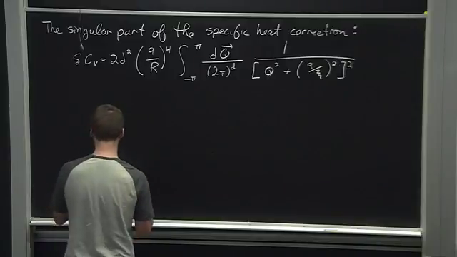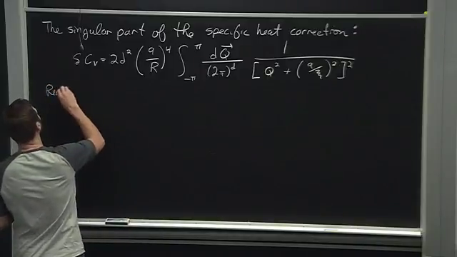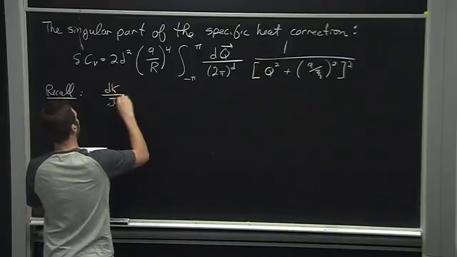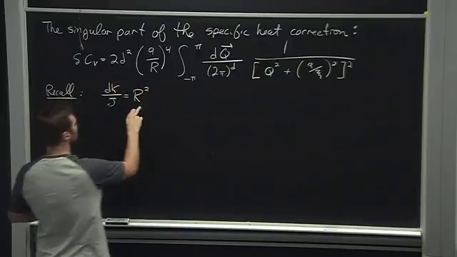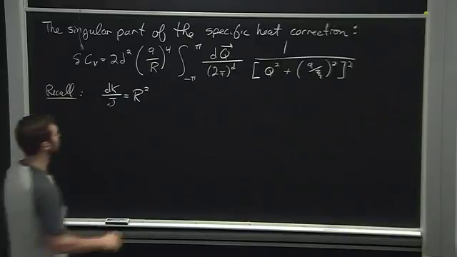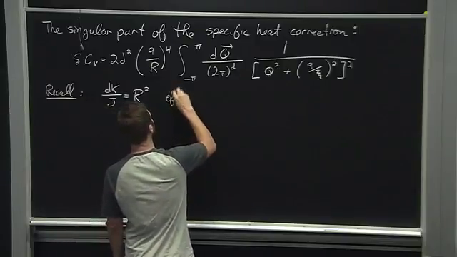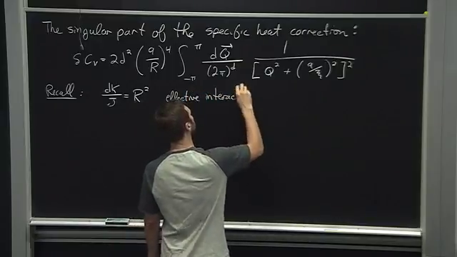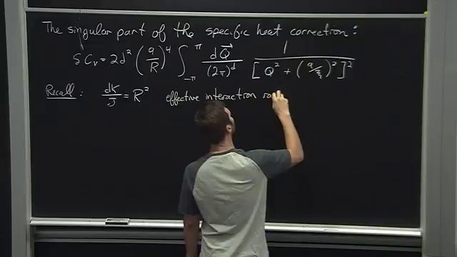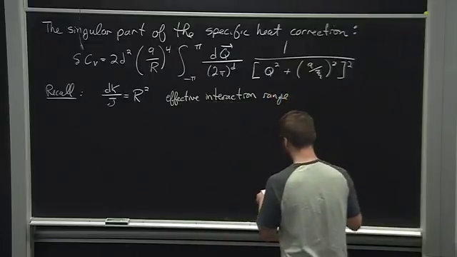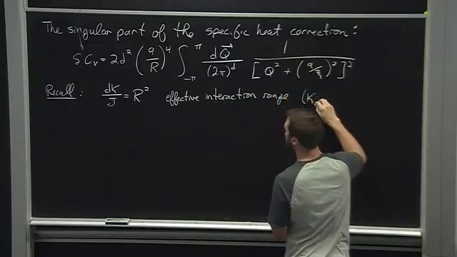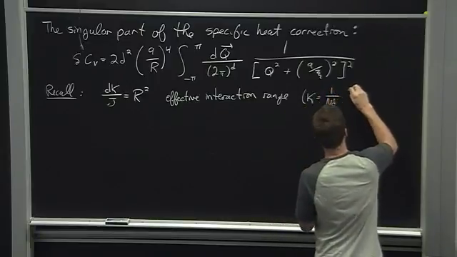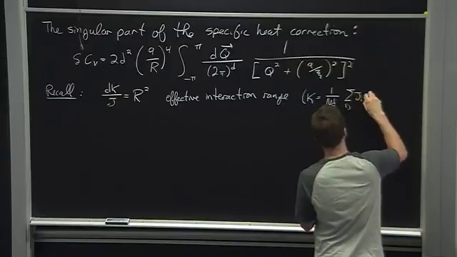And just remember what all these things are. So I defined the square of the effective interaction range as big R. And remember that kappa was defined with the interactions Jij.